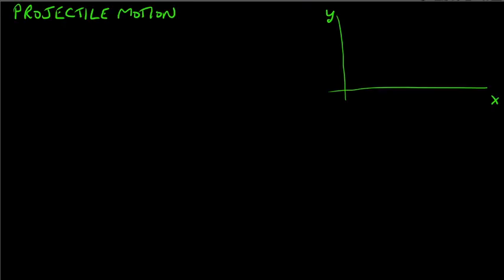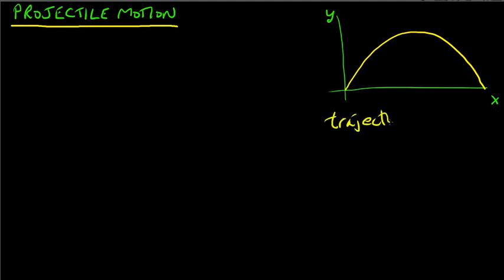So a good example for all this is projectile motion. A projectile, you know what that is: something you throw, or something that's launched. You throw something, it goes up, and of course it comes back down. By now you all know that the trajectory, that's the path that a projectile takes, is a parabola.